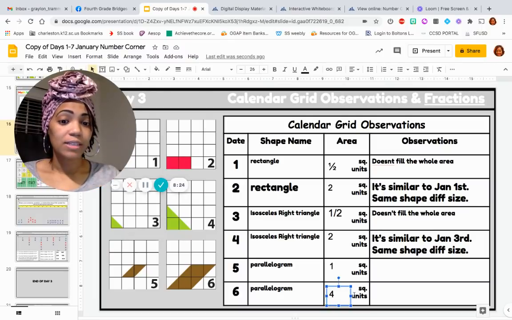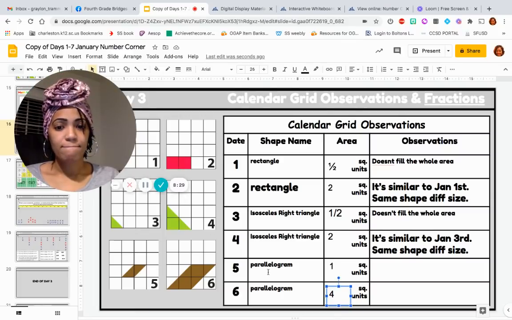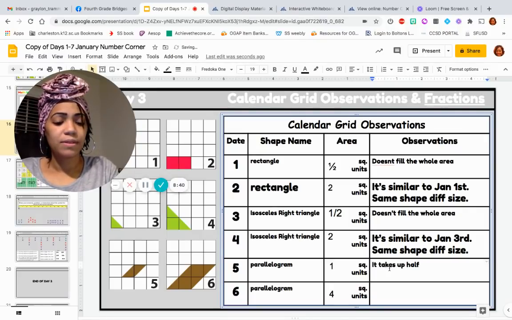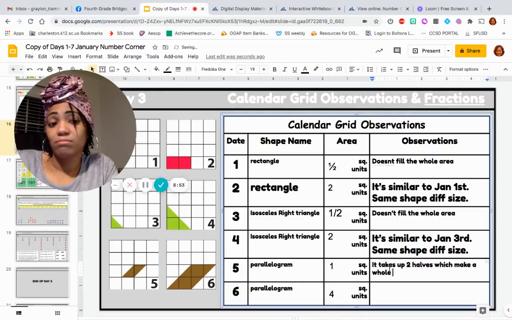Wonder if that's creating some kind of pattern. What observations can you make about the parallelogram? Right, it takes up half. I'll just put 2 halves, which make a whole.